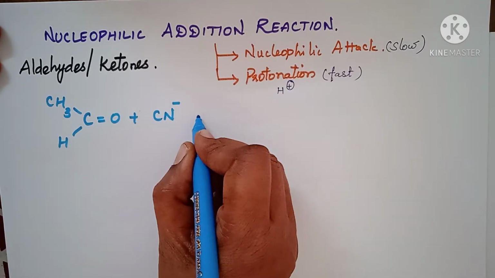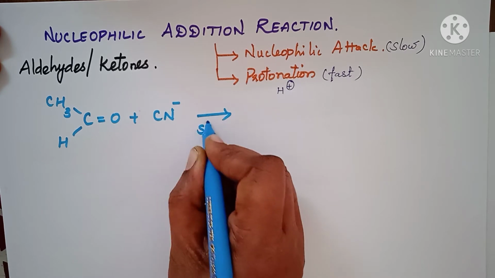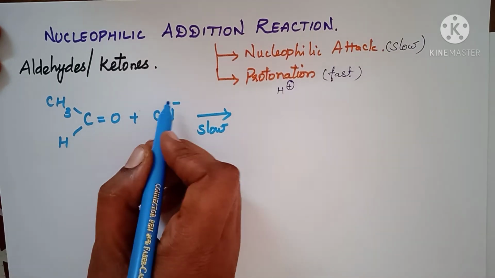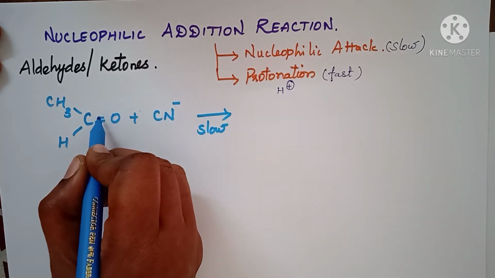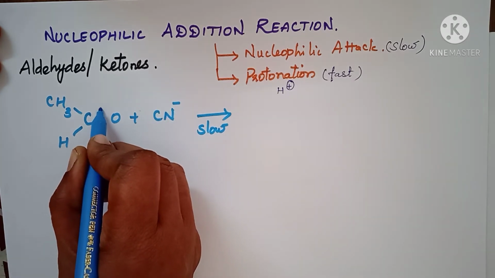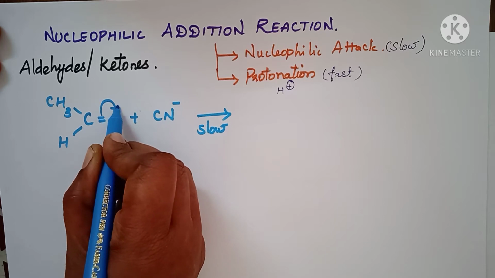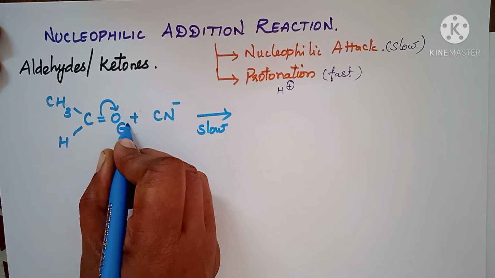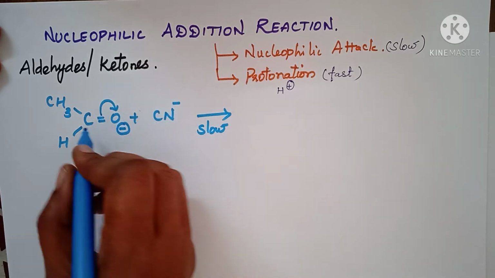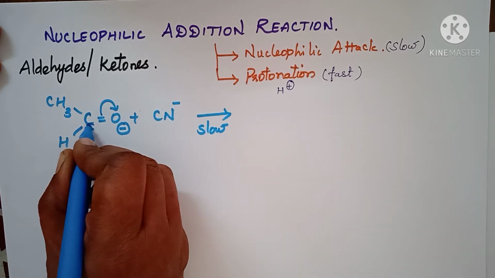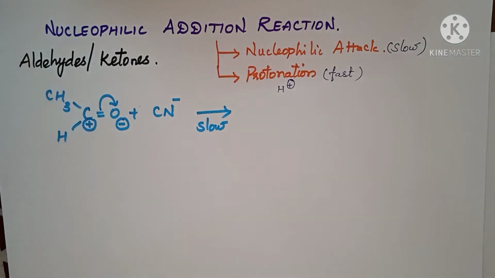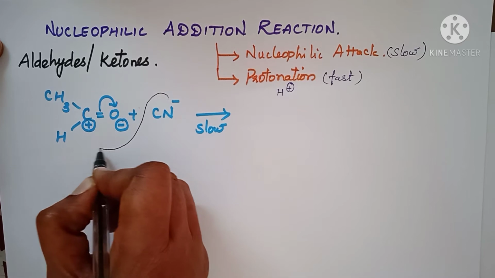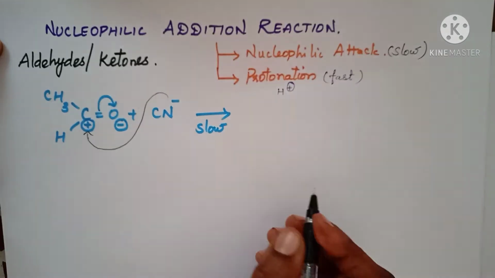Here actually this is a slow step reaction. The double bond goes and attacks over here. When it attacks over here, you get minus here, and this part is plus. This minus ion is attracted by the plus charge of carbon.